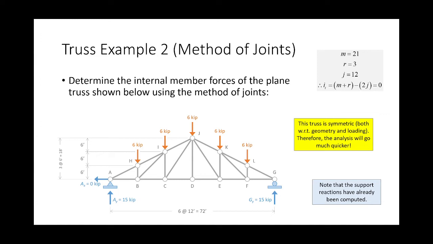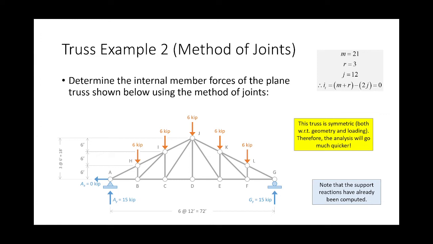IT is 0. I don't see any sufficient lack of triangles. So this structure is stable and statically determinate. IT equals 0. For your analysis project, when you're going to be laying out this truss, one of the conditions I am going to enforce upon your truss is that IT equals 0. So you've got to ensure that.